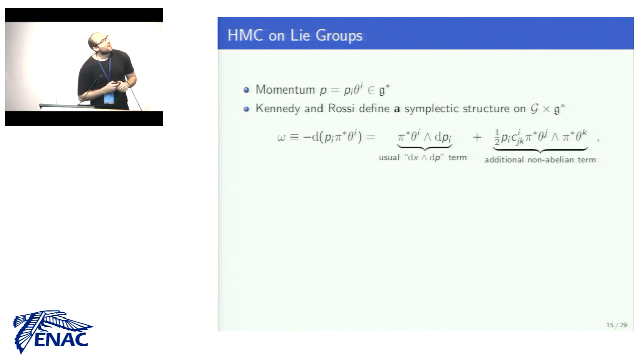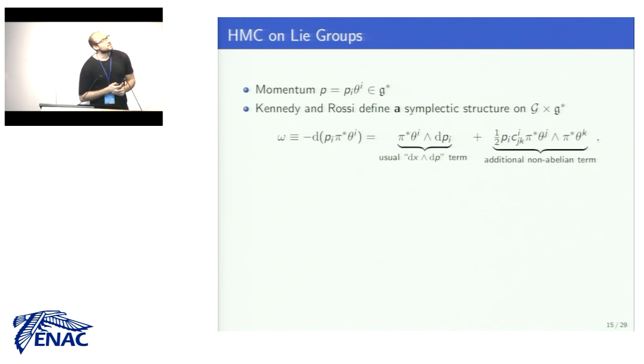That phase space is the left trivialized phase space, where your momenta are just elements of the Lie algebra, and your theta I are the Maurer-Cartan forms. You can define your symplectic structure as just the exterior derivative of that. And what you get is the usual dx dp term, with theta I replacing dx. So when you're in Rn, it's actually dx. And then you have an additional term which appears because the Lie group is no longer abelian.